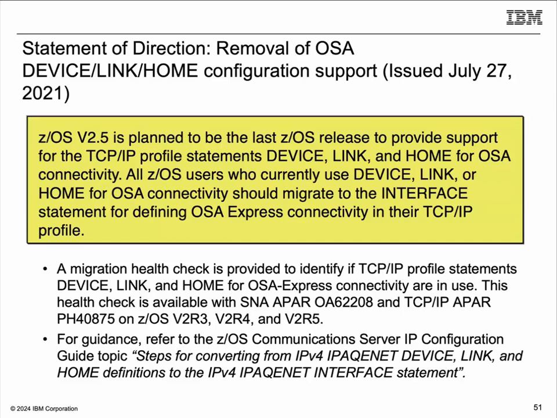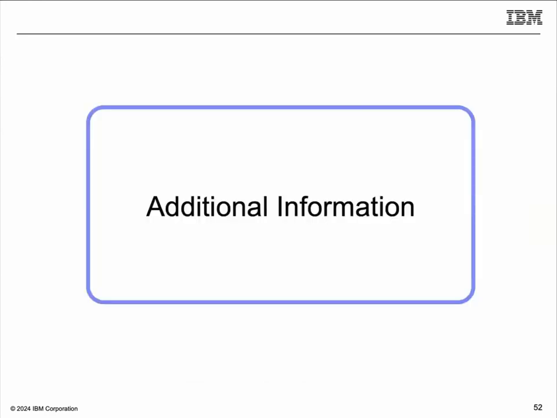Hopefully, most of you are there now, but if not, there's a migration health check down there that's going to help you identify if you have these, or you can just browse your TCP/IP profile and tell as well. You will need to eliminate these before you go to 3.1. So this is another thing to stay in front of, easier to deal with if you have to make some changes than the previous chart, but still something you need to take care of.